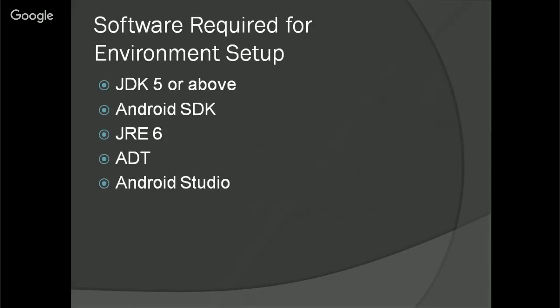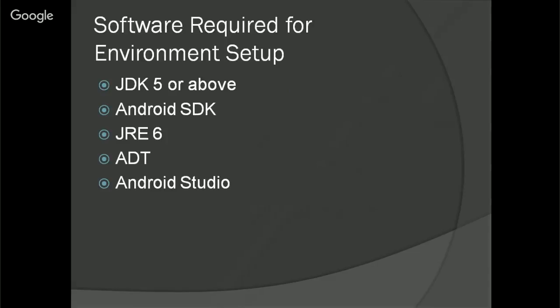We need to have JDK 5, which is one of the oldest things, since Android is a platform which needs the environment of Java, since Java is the programming background of Android application. As I have been telling from the first webinar, JDK is essential for Android.